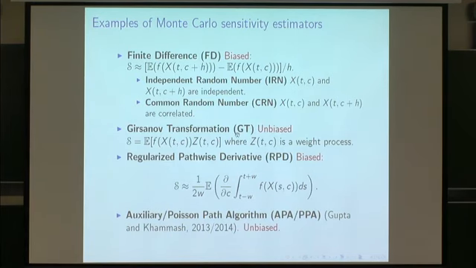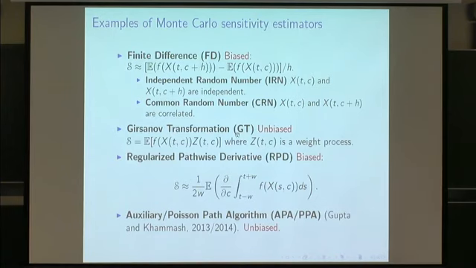So, a few examples of Monte Carlo sensitivity estimators. The most obvious natural one is the finite difference, where you approximate the derivative by this finite difference. Now there are some choices here. You can run the trajectory of x at parameter c plus h and the trajectory at parameter c in such a way that these two are completely independent processes.